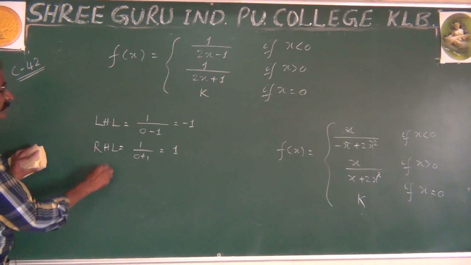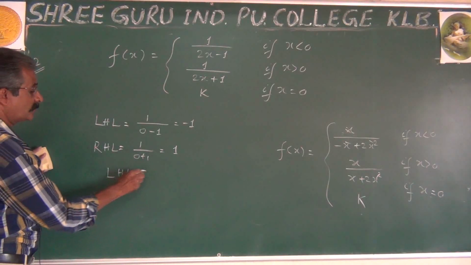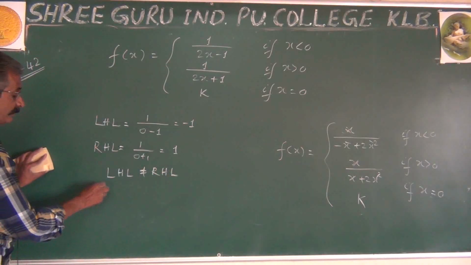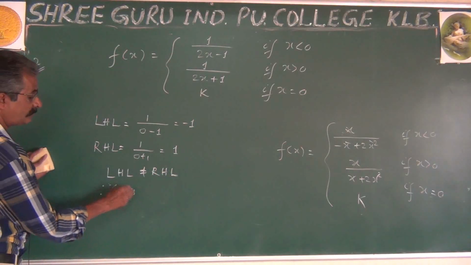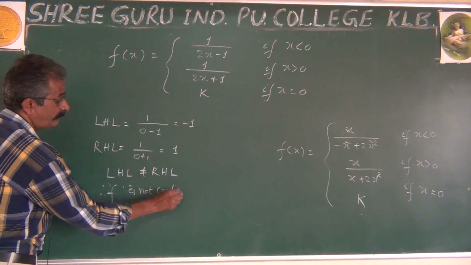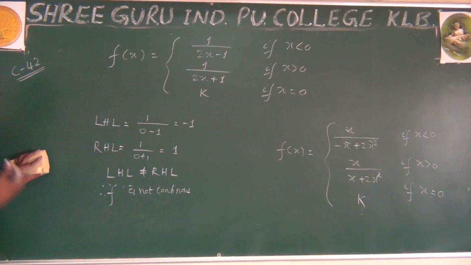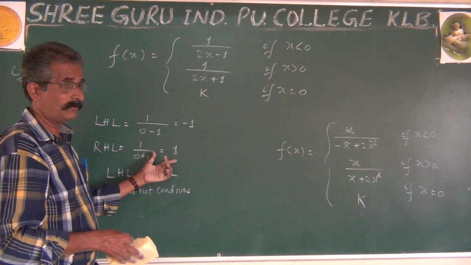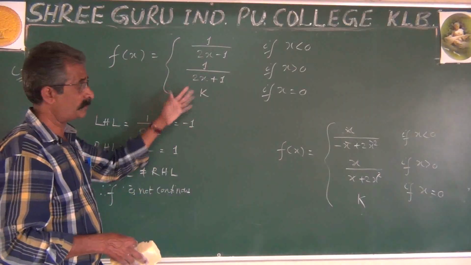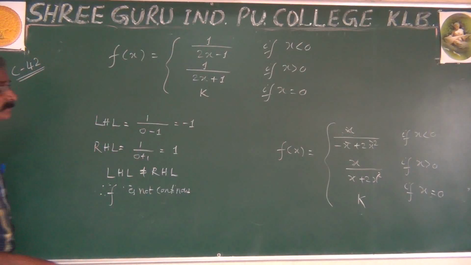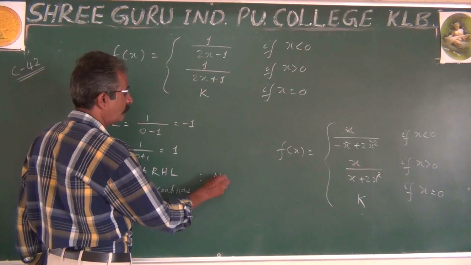So importantly, LHL is not equal to RHL. That means f is not continuous. F is not continuous for any value of k. Even if you take k equal to 1, LHL is not equal to RHL. Even if you take k equal to minus 1, for no value of k does this function become continuous, and the answer is no value of k.